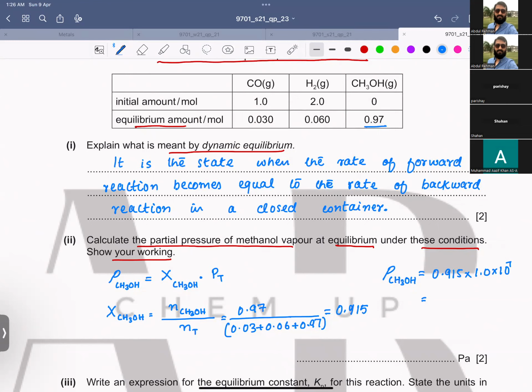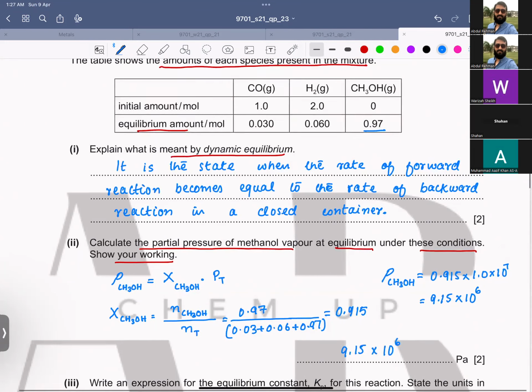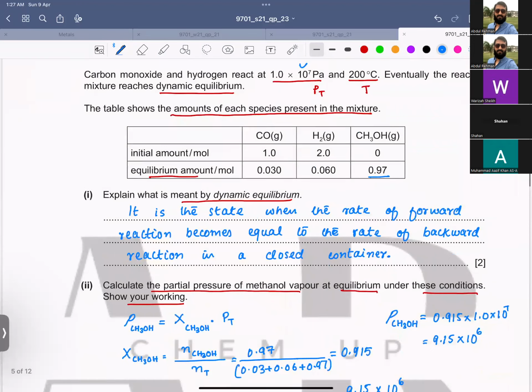Sir, 9.15 × 10^6. So 9.15 × 10^6 pascals. Okay.